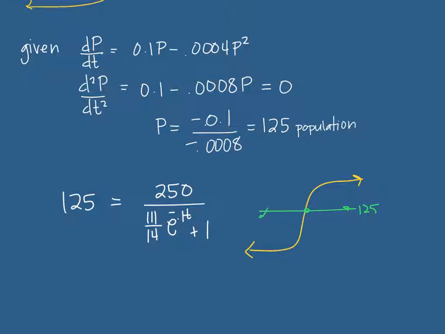Is the point of inflection always half of the maximum population? Usually, yeah. Well, it depends on what your... I don't know. Bobby, I don't know the answer to that.